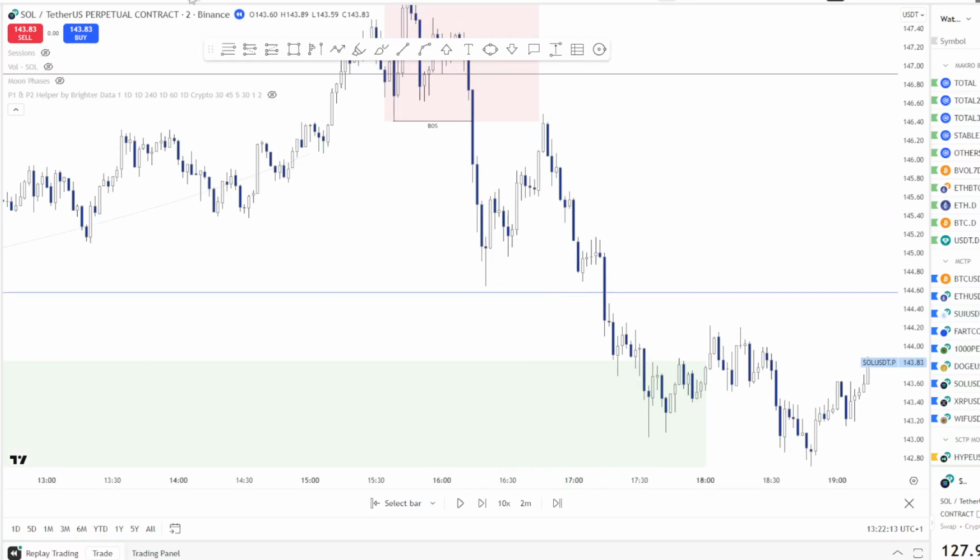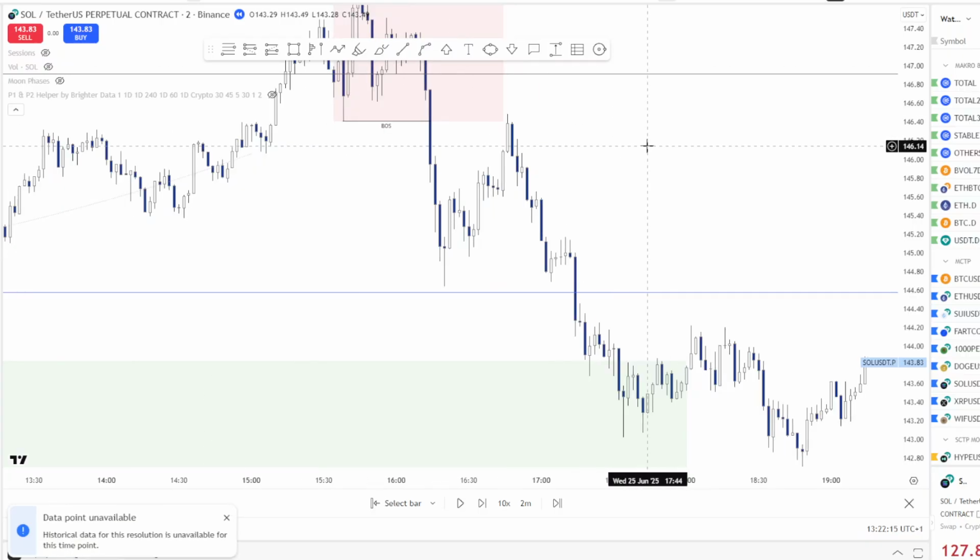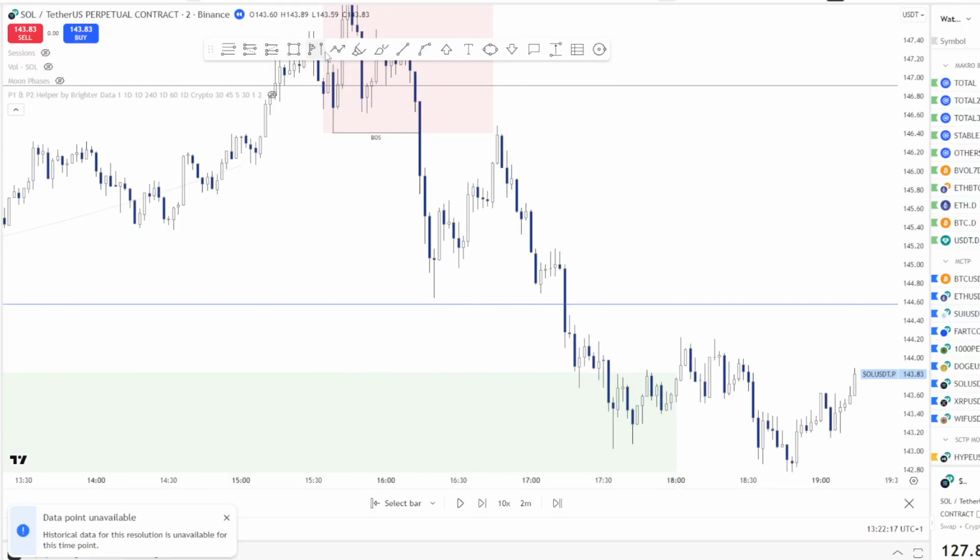And look, I can't go on the 1, but basically these candles are all inside of this one. I don't know if we would go to the 1 minute if there would be valid market structure.